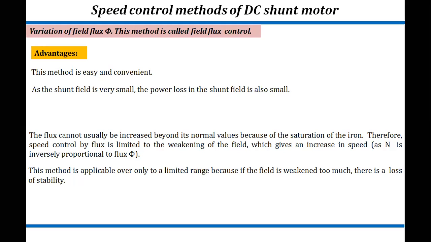There we were not getting speed above the normal level, but here these things depend on the weakening of the field. It means what? If our field winding is not that good, we cannot reduce the flux, and that's why we cannot increase the speed. So there is a loss of stability in the speed control by using the variation of field flux.